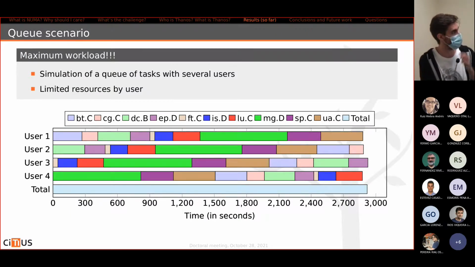We have finally our queue of tasks scenario, where we have our system working at 100% all the time. So we have a queue of tasks. Once a task concludes, another task comes in, and therefore we always have the system working at 100%, as I mentioned.